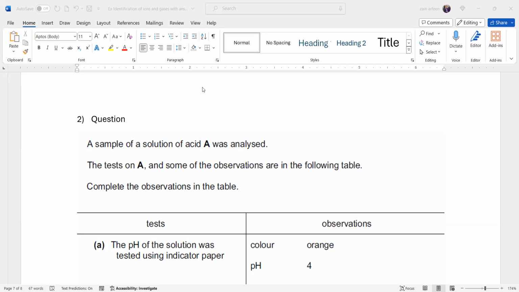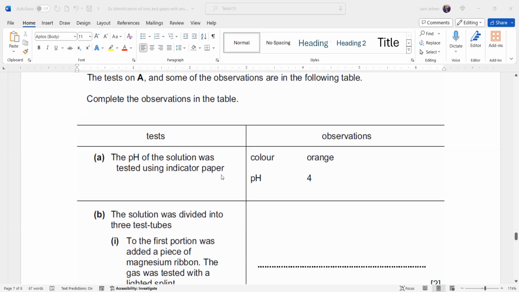In question 2, a sample of a solution A, which is an acid. Tests on A and some observations are in the following table. Complete the observations in the table. First, the pH of the solution was tested using indicator paper. The color was orange and the pH is 4.